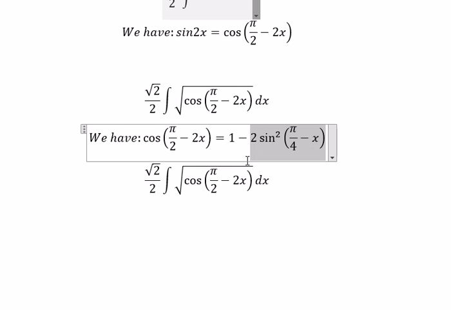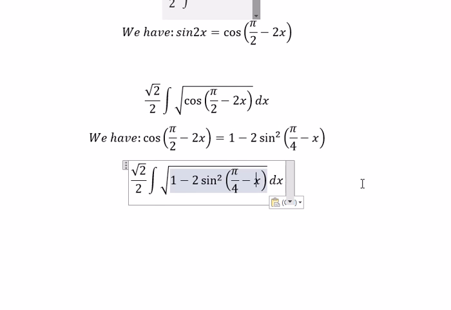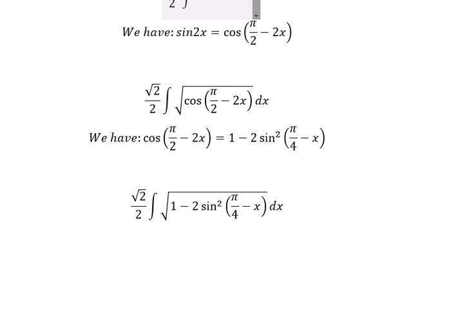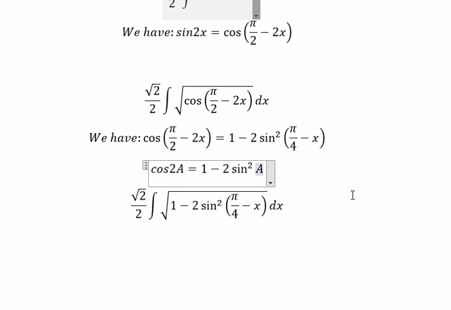We put this one in here. This is the formula for this one. That is about cosine 2a equal to 1 minus 2 sine a square. I just apply this formula in this formula.